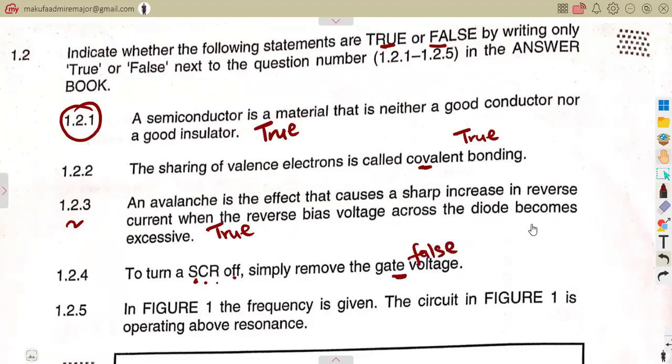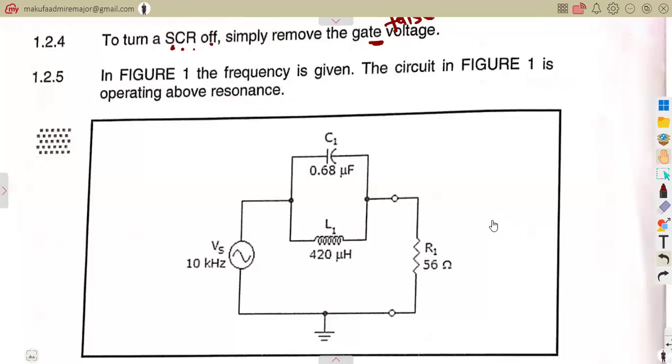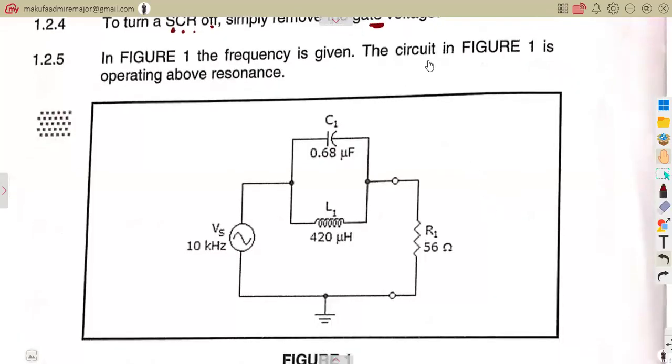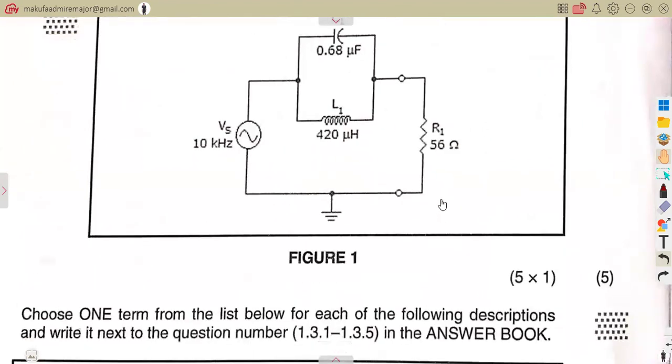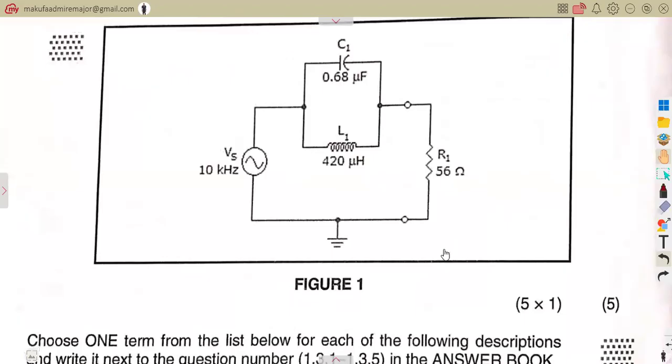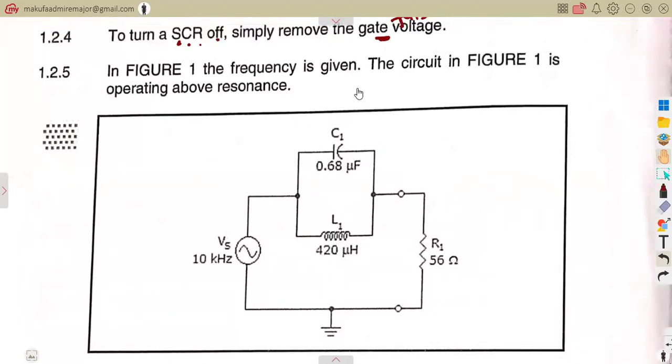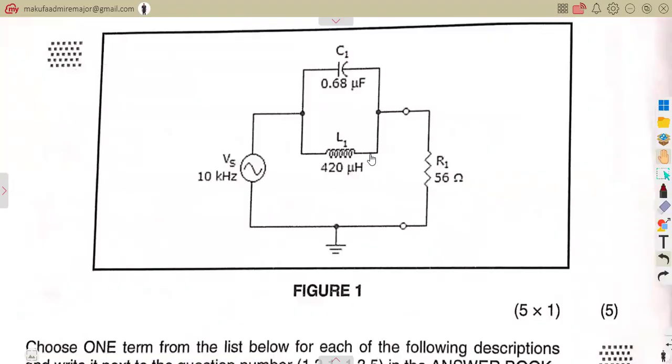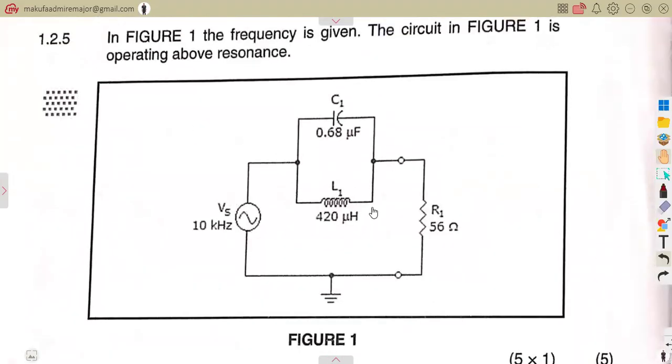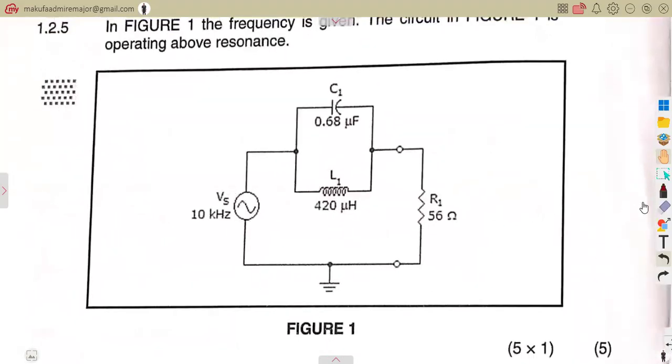This is false. In the diagram, the frequency is given. The circuit in fig 1 is operating above resonance. So this circuit that we are given, is it operating above resonance?